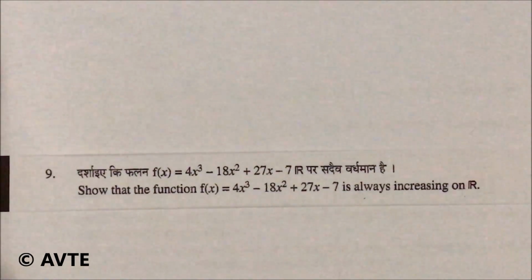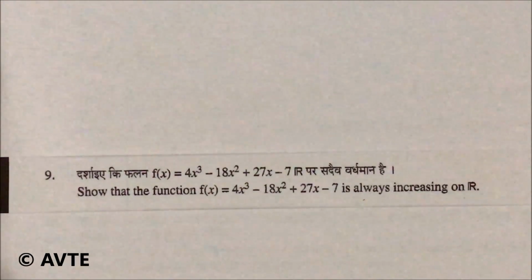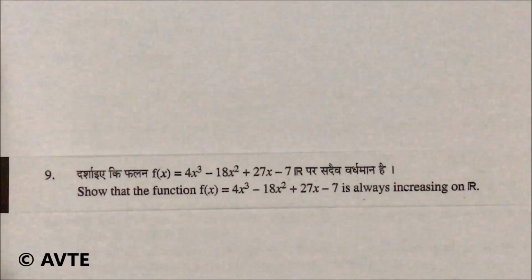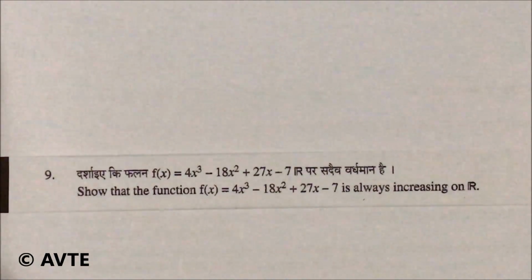Question number 9. Show that the function f(x) equals 4x cubed minus 18x squared plus 27x minus 7 is always increasing on real numbers.